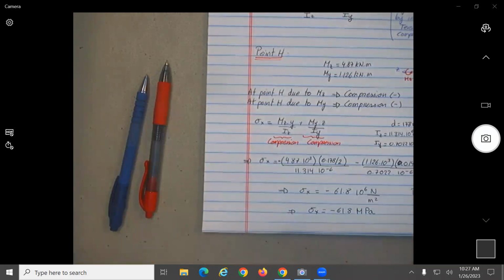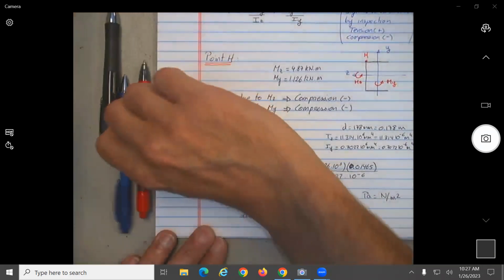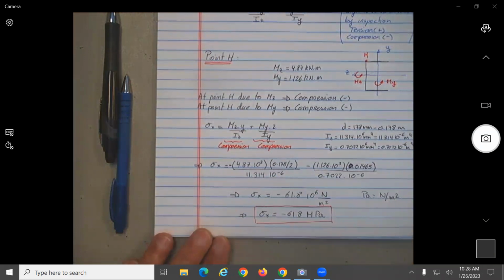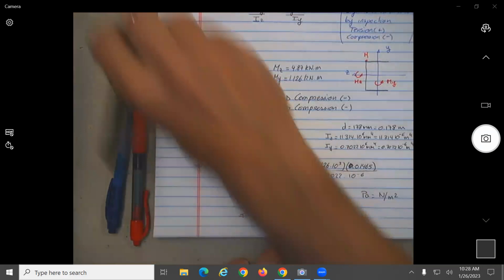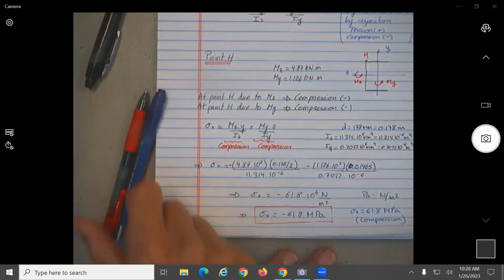Newton per square meter, yes. Here you have two choices to put these results. Either you put it that way, or you could write this is equal to 61.8 megapascals, but then you need to let me know that this is in compression. So the negative side means compression.